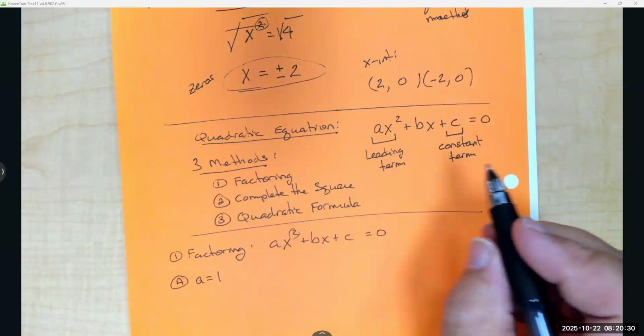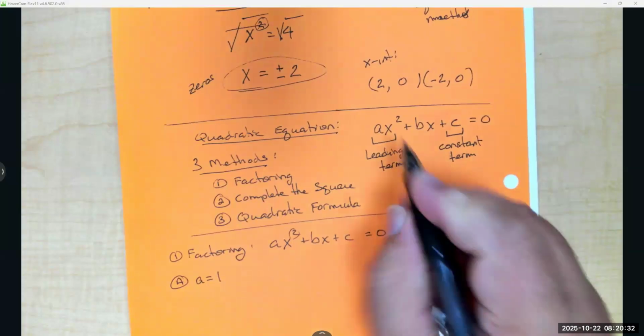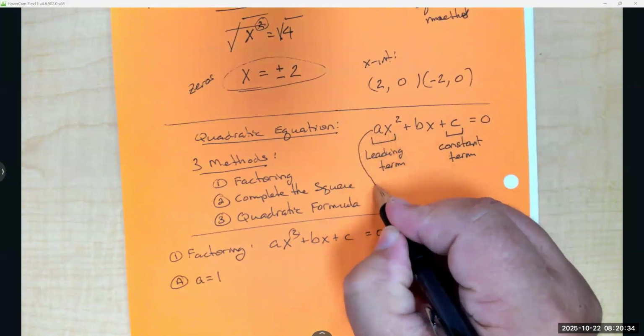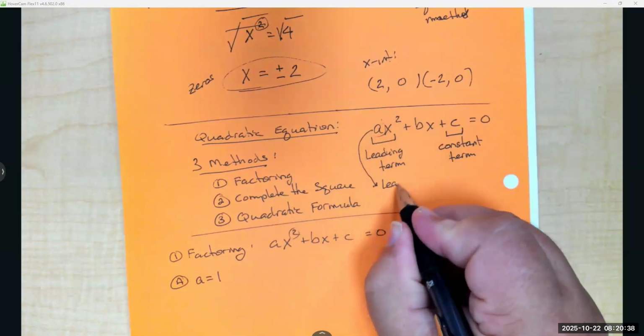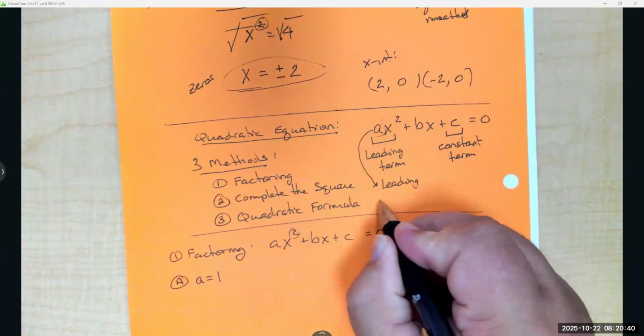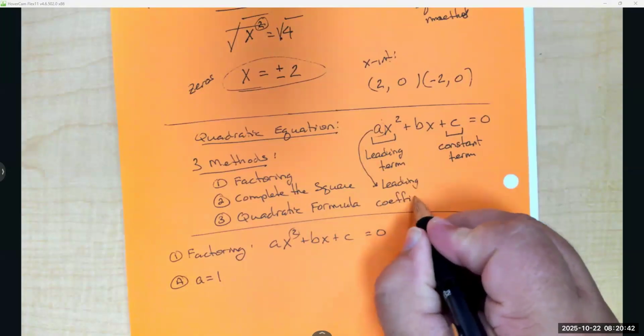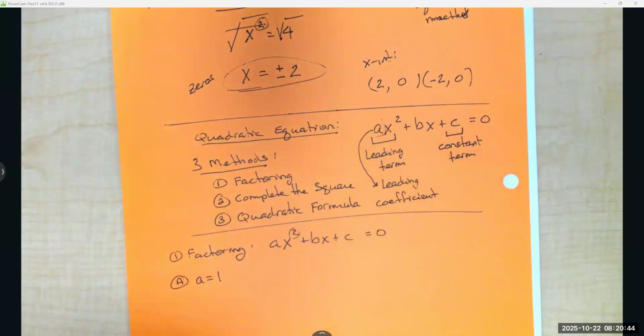With the leading term, the A, this part here is called the leading coefficient. The number in front of the x squared is called the leading coefficient.